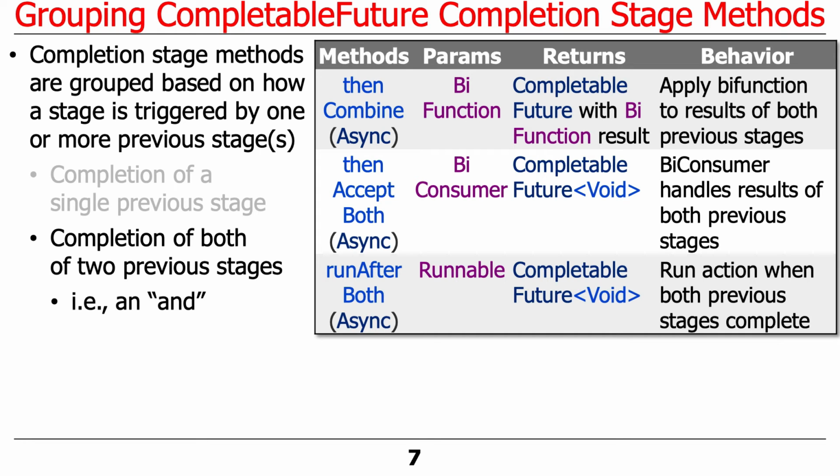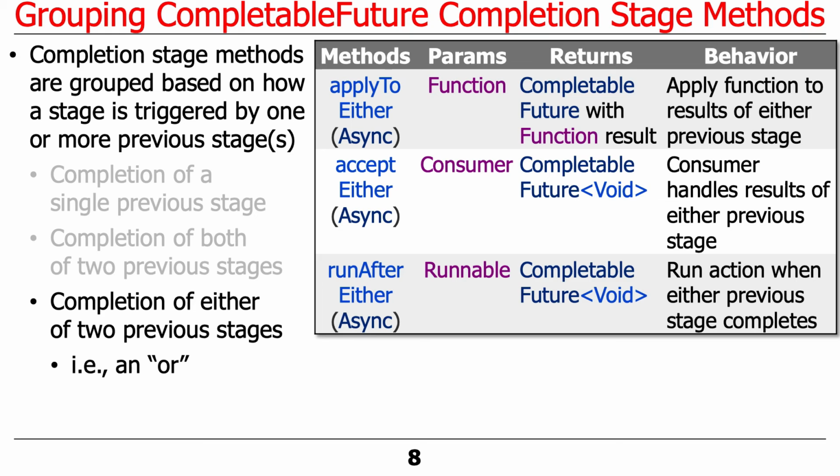So this and that, then do something else. And as you can see, we have then combine, then accept both, and run after both. And again, they take different parameters. They either return a result or return void, completable future with a result, completable future with void. And then they have a bunch of different behaviors. And we'll look at some examples of these things. So think of these as kind of merging, joining when both things happen, then the next thing can happen.